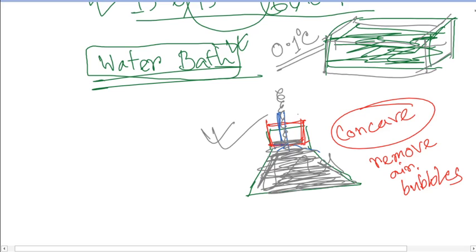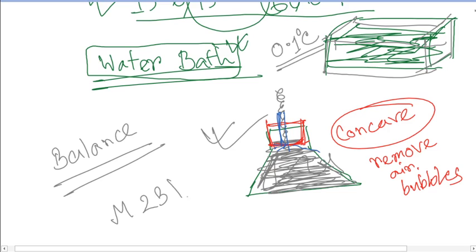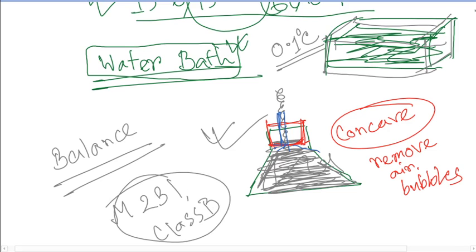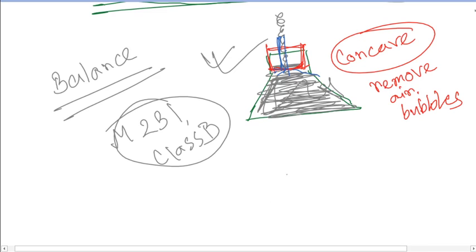Before getting into that, I need to say we also need a balance for this experiment. The balance also has a specification according to the ASTM requirement: we need to use the M231 designation, class B. In this experiment the balance should give a value rounded to 1 milligram.